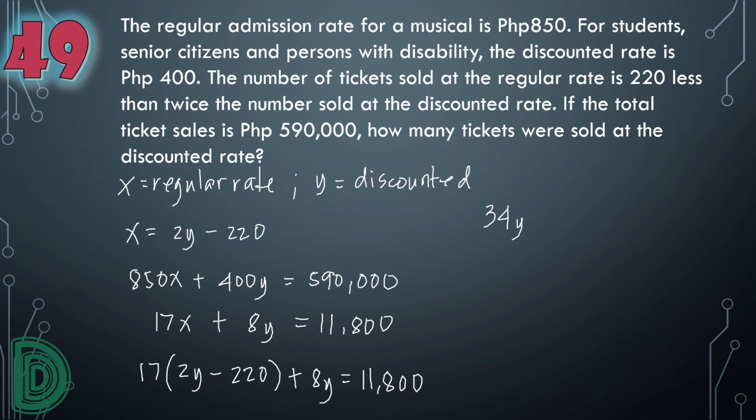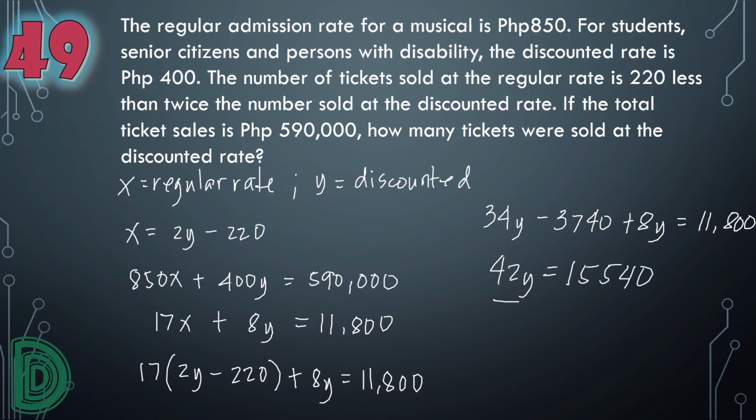So that will be minus 3,740 plus 8y equals 11,800. 34y plus 8y is 42y, and 11,800 plus 3,740 is equal to 15,540.